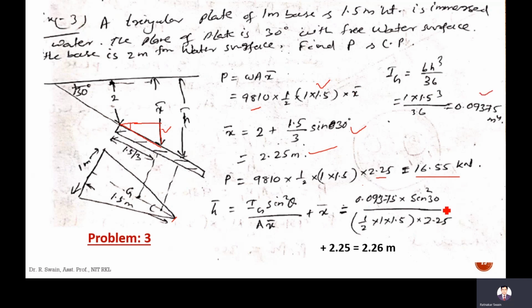Sin square 30 divided by area into x bar, which is 2.25, plus 2.25 will give you 2.26 meters. So the total pressure is 16.55 and the center of pressure h bar is 2.26 meter.